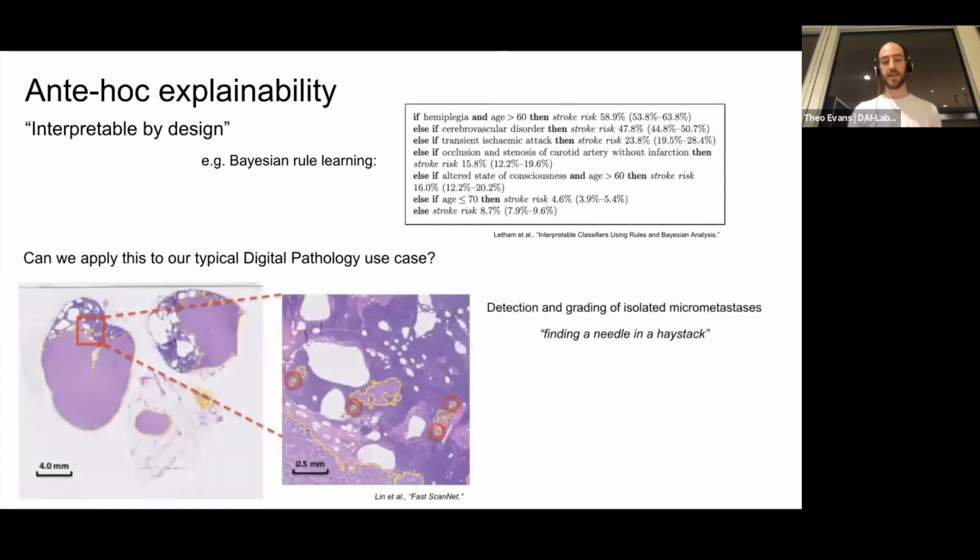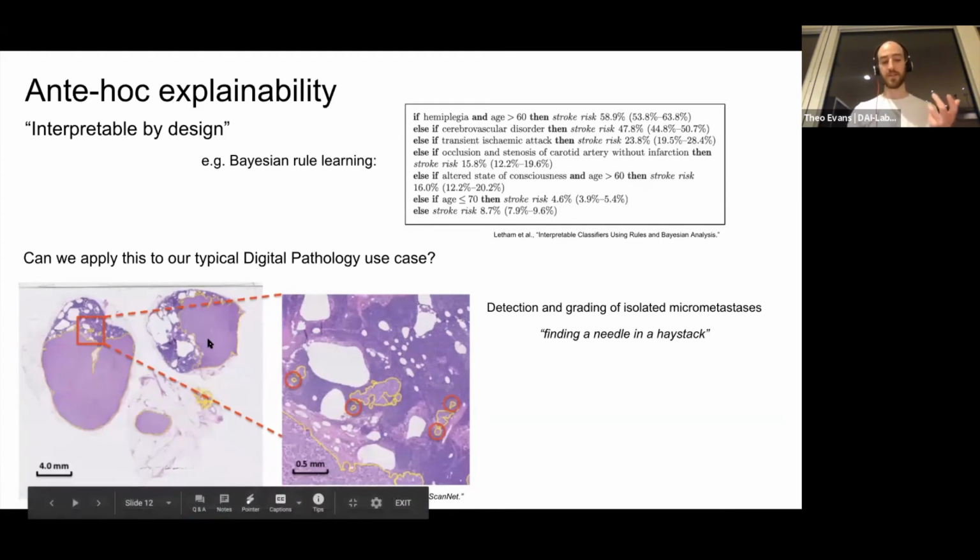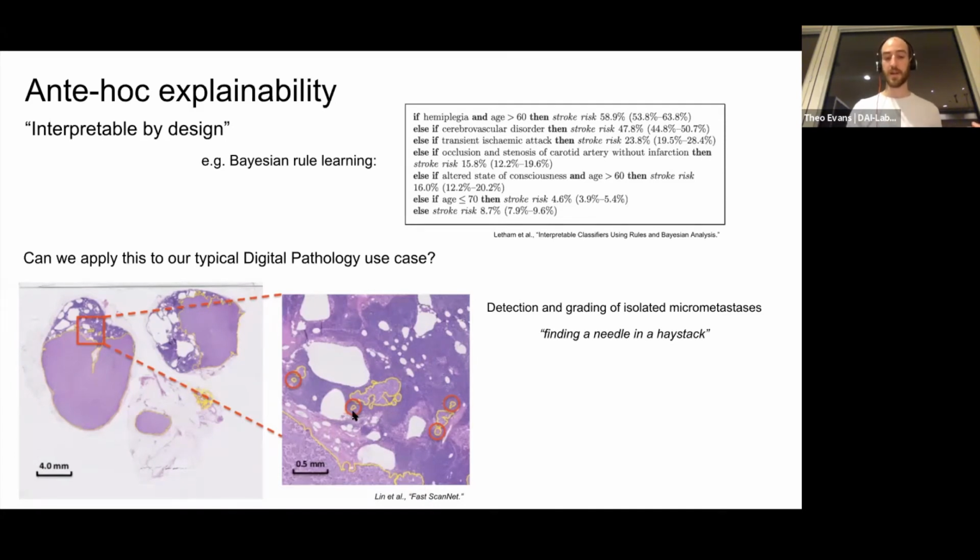Now, this is a classic use case for AI, or at least machine learning, within diagnostic pathology, where we have this incredibly large, high-resolution image. This is potentially 100,000 by 100,000 pixels, and the parts of the image we are trying to find are these isolated micrometastases, so isolated clumps of cancer cells that have, in this case, metastasized from breast cancer to the sentinel lymph nodes under the armpit.